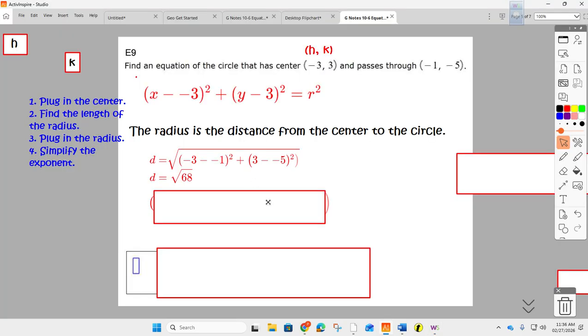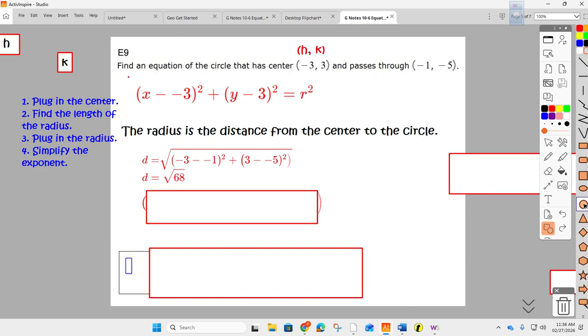But either way works, okay? So it would be the distance from this point to this point. From this point to this point. X minus x plus y minus y.